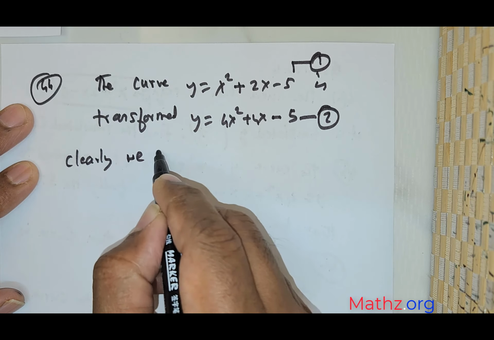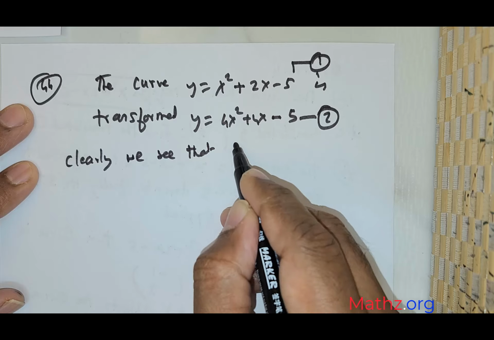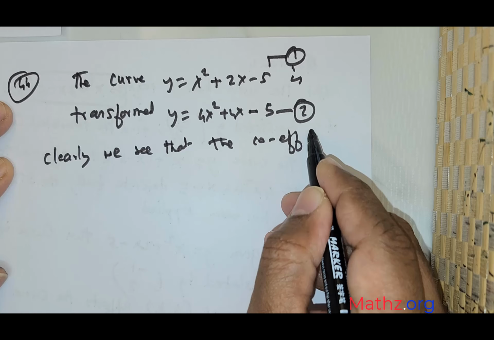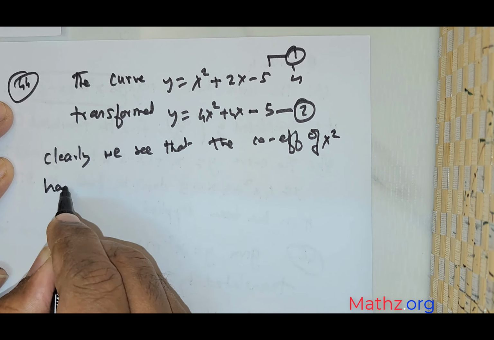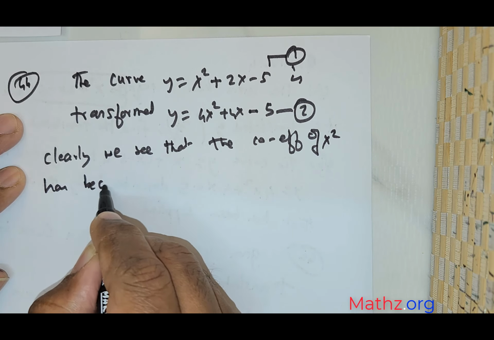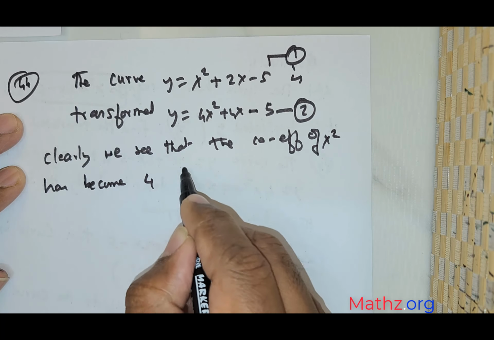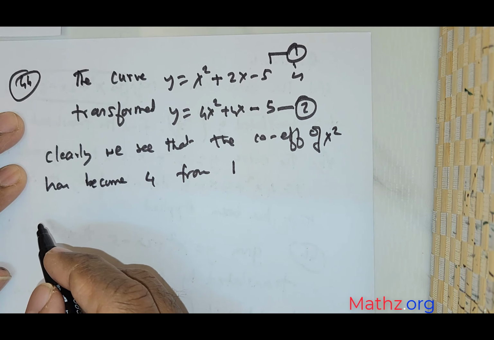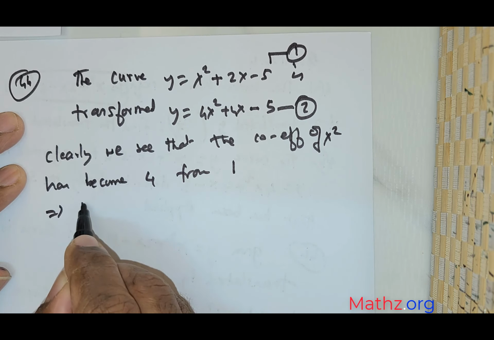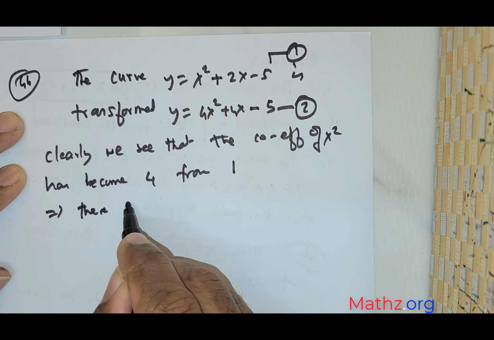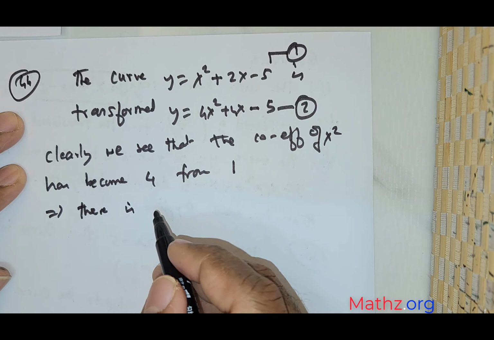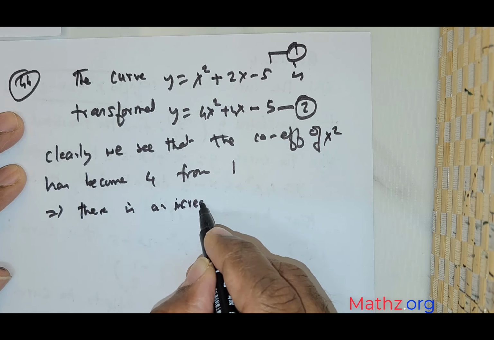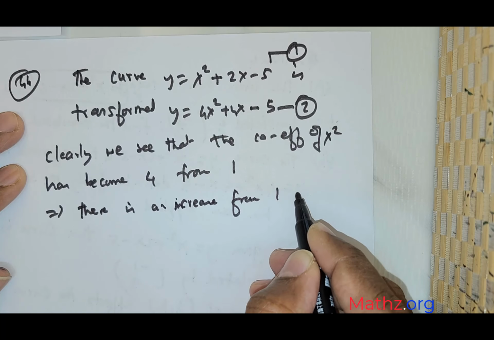Clearly we see that the coefficient of x squared has become 4 from 1, isn't it? So this means there is an increase from 1 to 4.